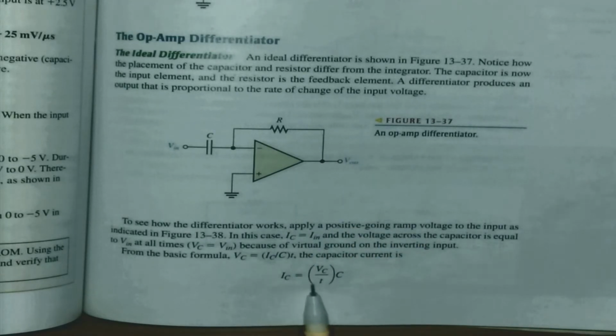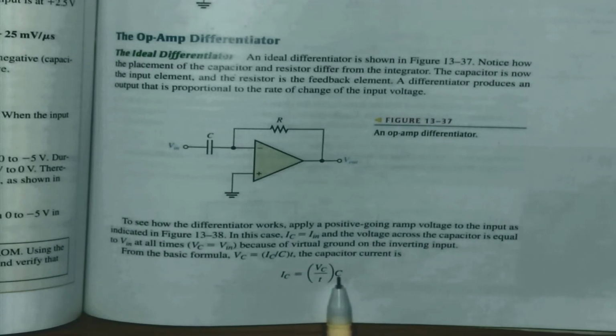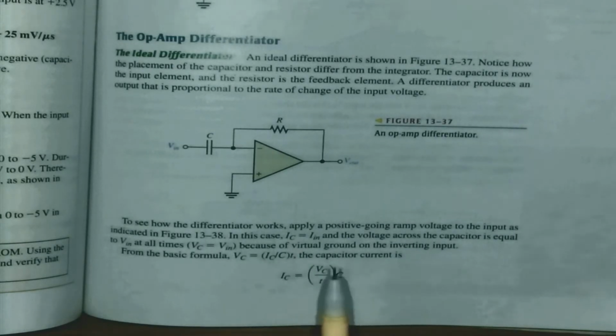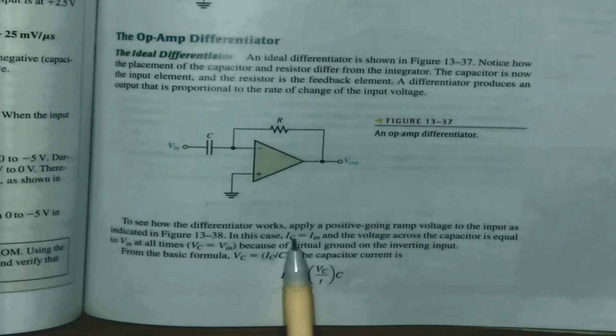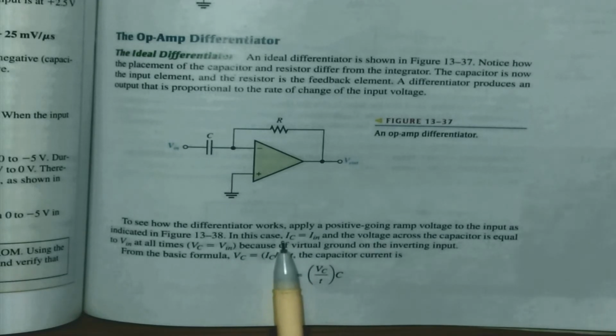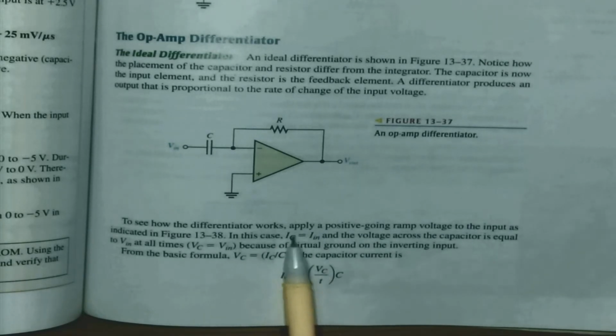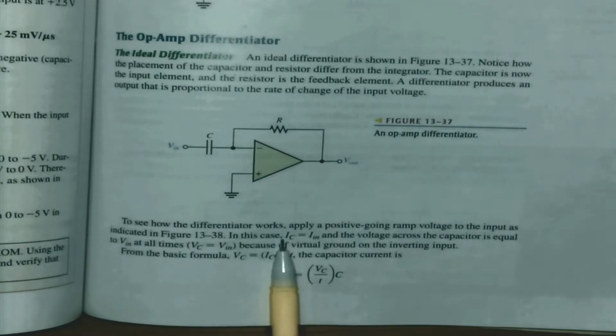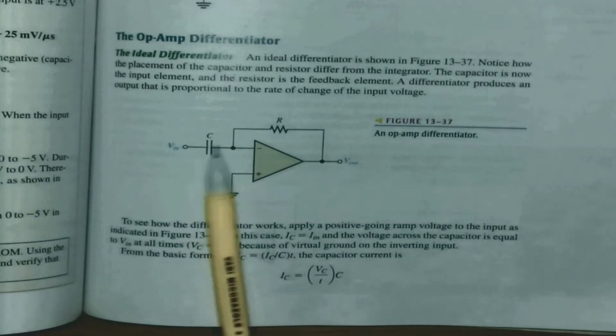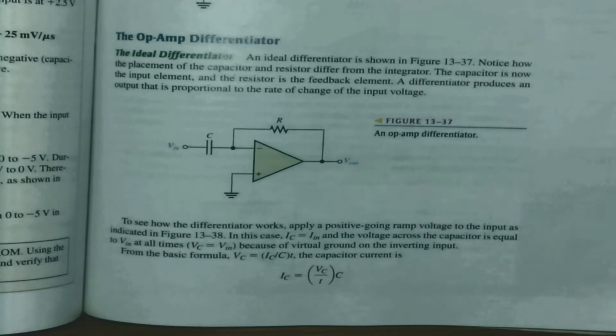IC is equal to VC divided by T times C. But now IC is equal to I in, and in this case IC is not going to be a constant current, like in the case of the integrator where IC was a constant current.